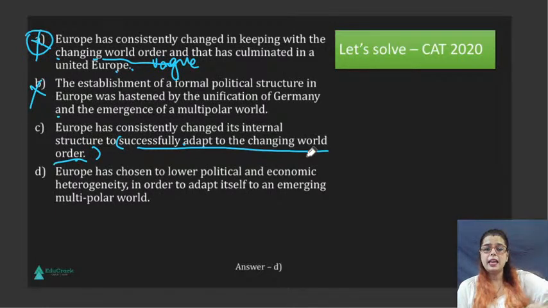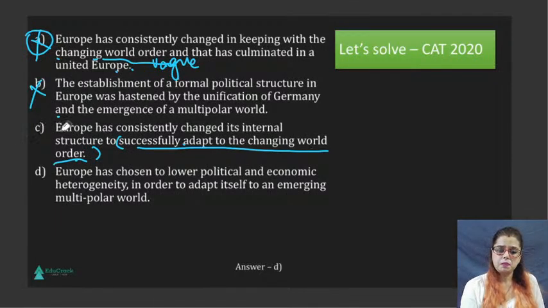Everywhere they are saying, so in option C it says that it has changed its internal structure. It has changed its internal structure, but how? It is very vague. To successfully adapt to the changing world order, they have not just changed their internal structure, they've changed a lot of it. So this option does not talk about the money part, the economics part, where they talked about the introduction of the euro.